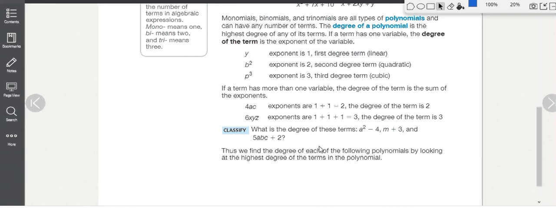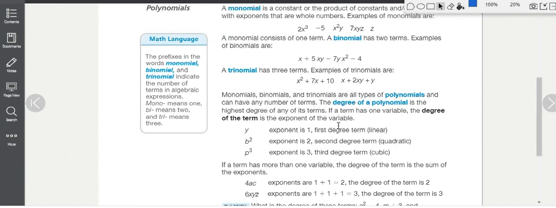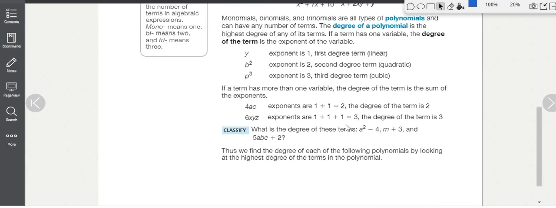If a term has more than one variable, the degree of the term is the sum of the exponents. So for AC, this is a good reminder. Really, this is a 1 and a 1, so the degree of this monomial is actually 2. What's the degree of this binomial?